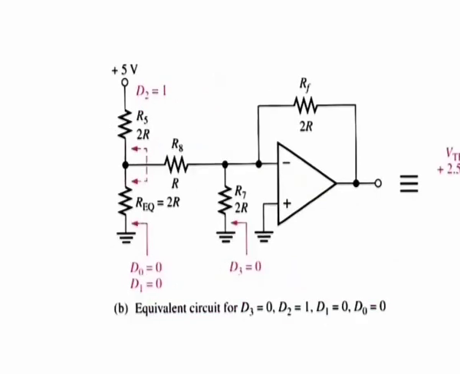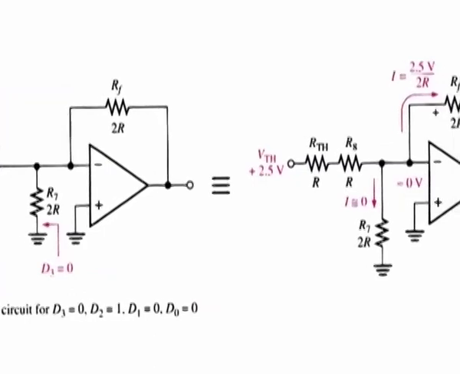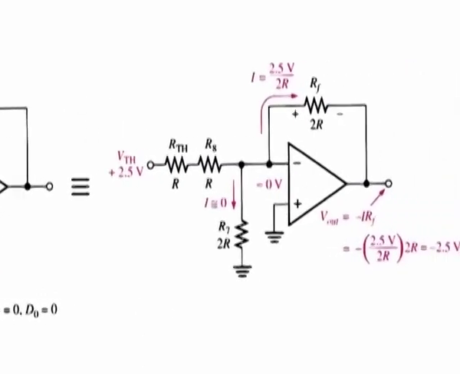Figure B shows the equivalent circuit when the D2 input is at plus 5 volts and the others are at ground. This condition represents 0 1 0 0. If we Thévenize, that is, according to Thevenin's theorem, the circuit is reduced to an equivalent voltage source in series with an equivalent resistance.